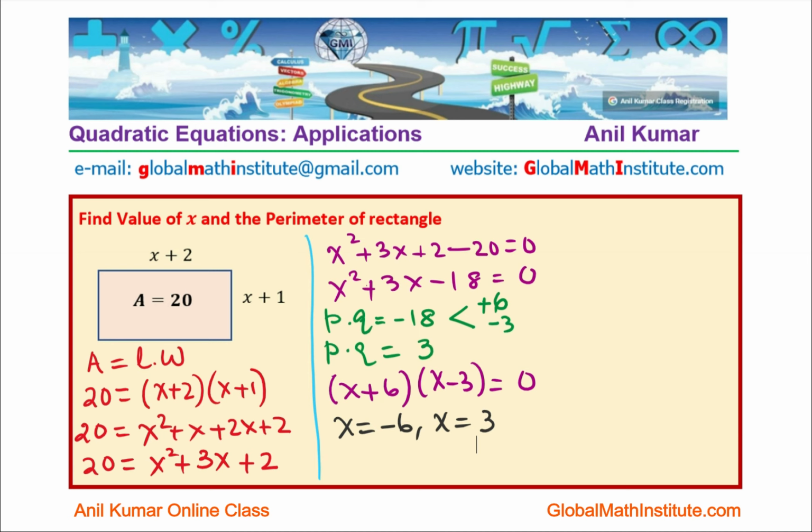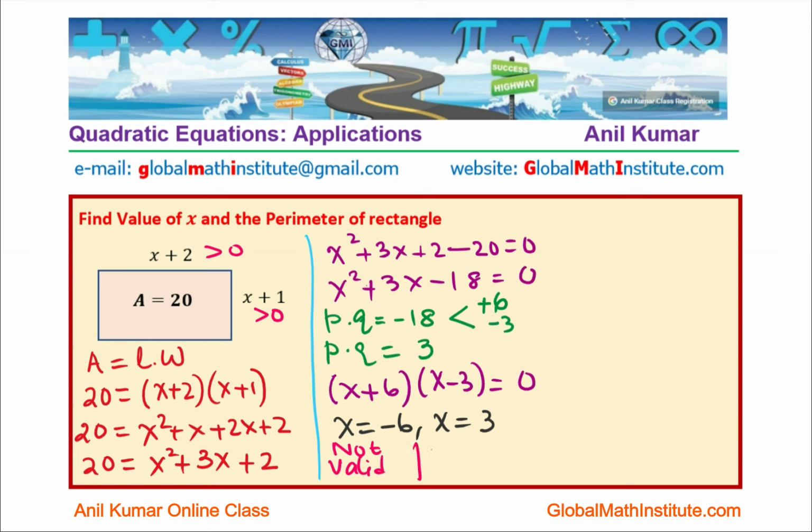Well, when you are given that the sides are x plus 2 and x plus 1, if you put minus 6, minus 6 plus 2 will be minus 4, and therefore that will be a negative number. So we know both the sides should be greater than 0. Therefore, x equals minus 6 is not valid, correct?